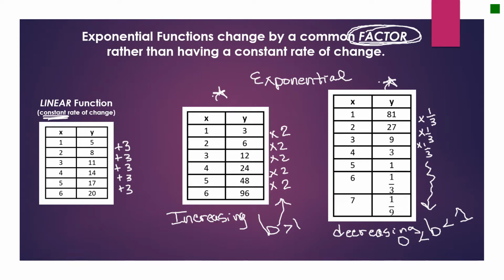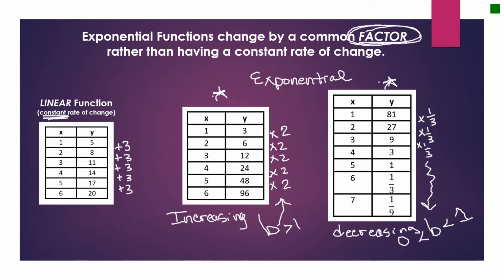So it's not a constant rate, but what is happening is it's changing by a constant factor. Factor means something that gets multiplied. What got multiplied to 3 to make 6? 2. And what do you multiply by 6 to get 12? 2. And 12 times 2 would be 24, and 24 times 2 would be 48, and so on and so on. So that is a factor of 2.